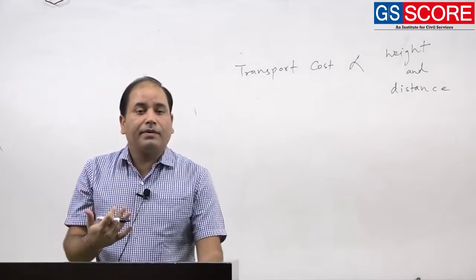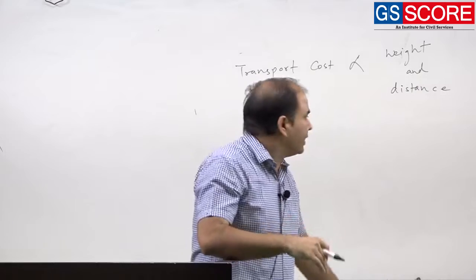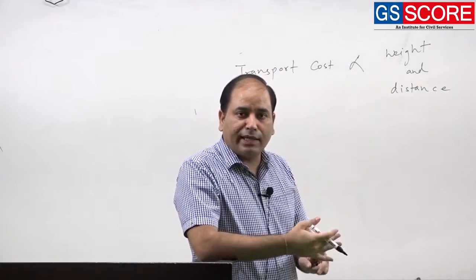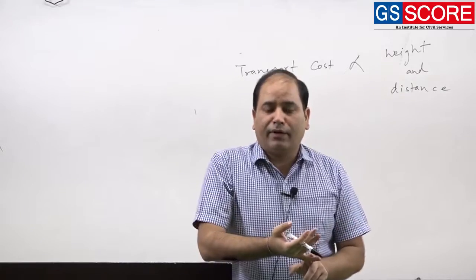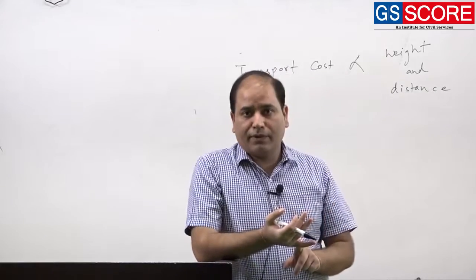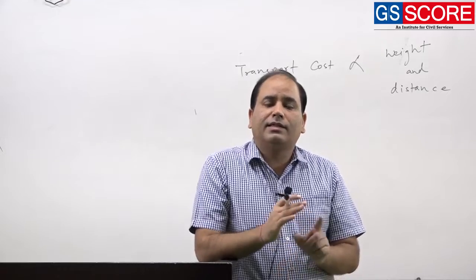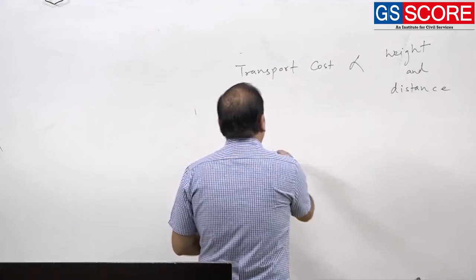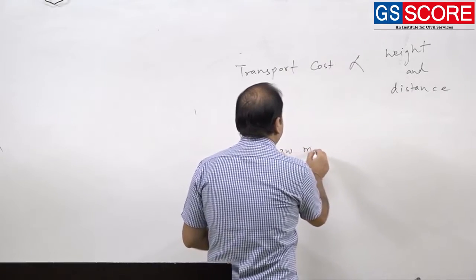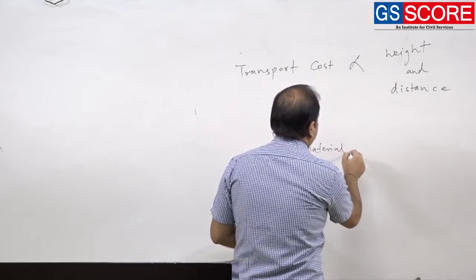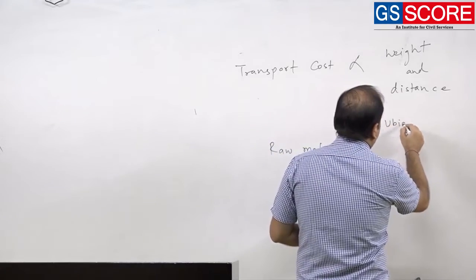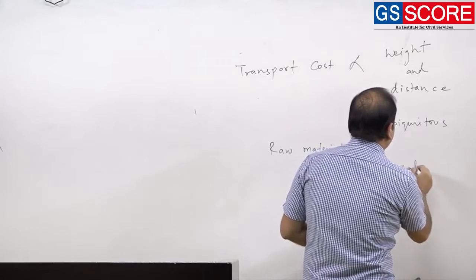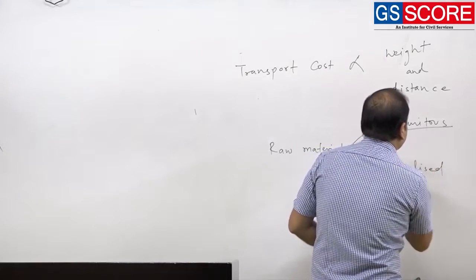Now, why will the transportation cost vary depending upon the distance and weight? Because he initially considered three aspects: market, raw material and transport. For the raw material, he classified it into two categories: ubiquitous raw material and localized raw material.